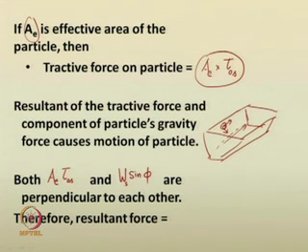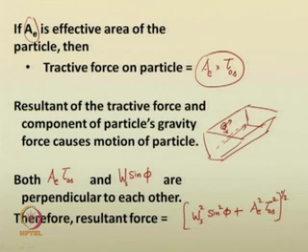The resultant force will be nothing but the square root of W s squared sin squared phi plus A e squared tau 0 s squared, the whole quantity's square root. So, this will be the resultant force. You can employ this as the resultant force that can cause the movement of the particle.